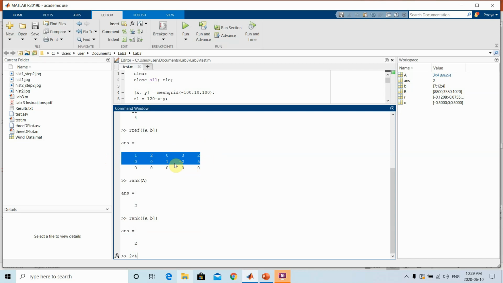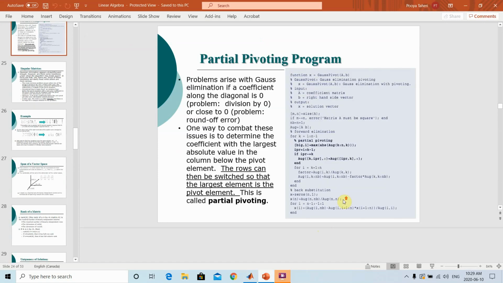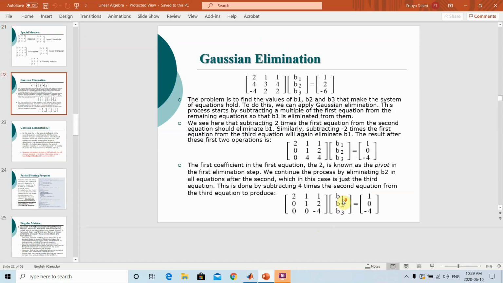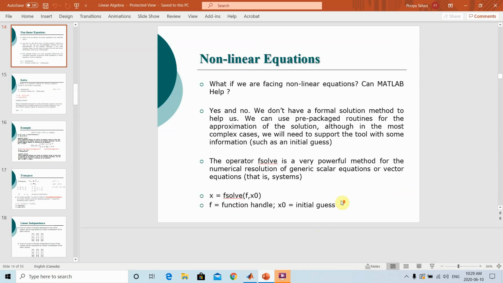So we know that the solutions for this system would definitely satisfy these equations, where z minus 2w is equal to 5 and x plus 2y plus 3w is equal to 2. Okay, this is the same thing that we saw here. Where did we see this? Sorry.